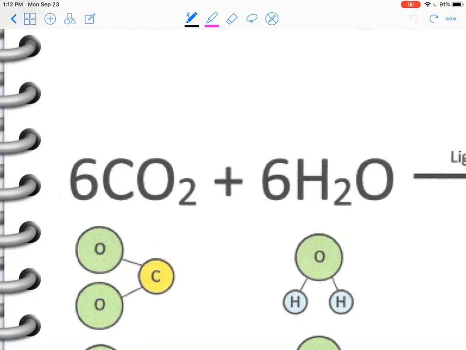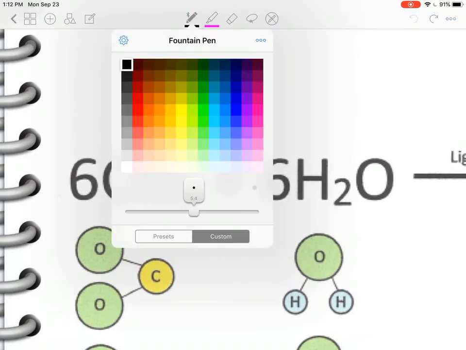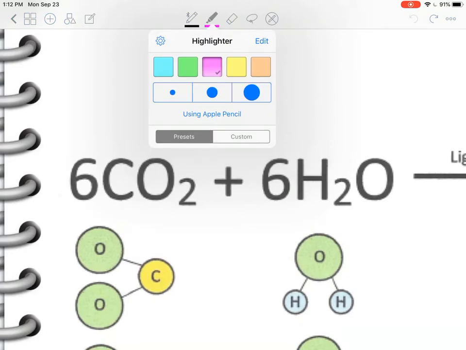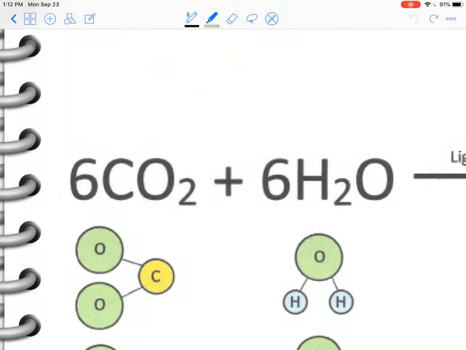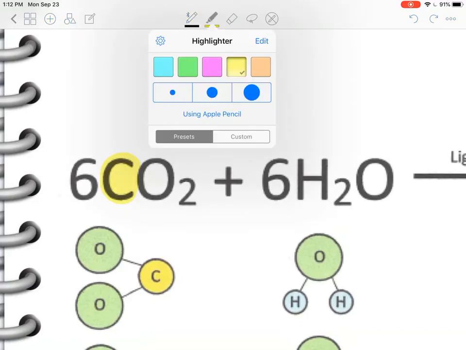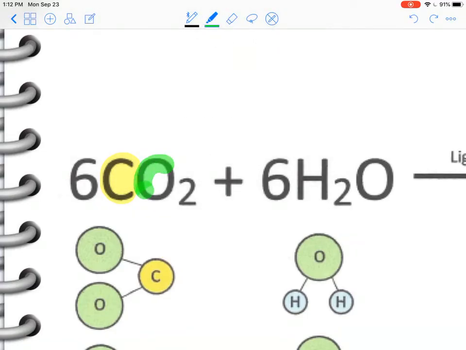I think I'm going to highlight to start with. This C, which stands for carbon, goes with this C that is right there. So there is one carbon atom, and there are two oxygens. So there's two oxygens and one carbon.